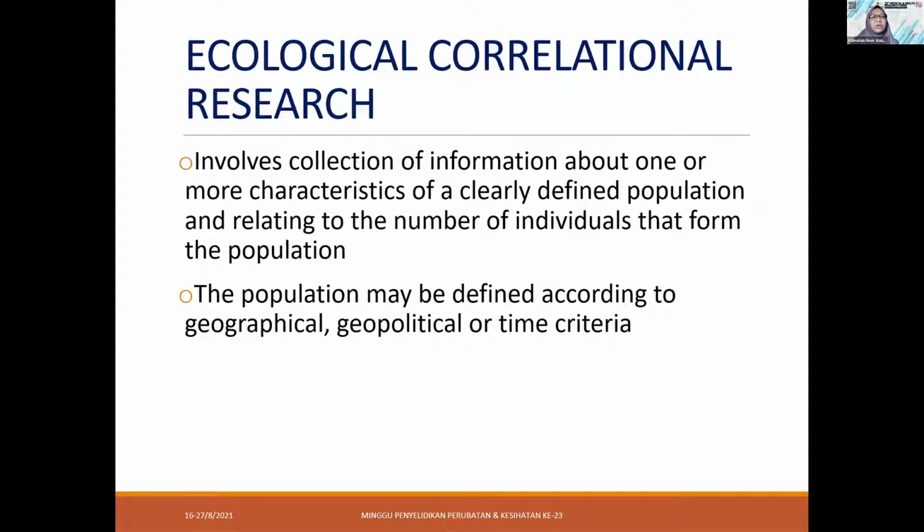Then ecological correlation research involves collection of information about one or more characteristics of a clearly defined population and relating to the number of individuals that form the population. This is a generalization. So the population may be defined according to geographical, geopolitical, and also time criteria.